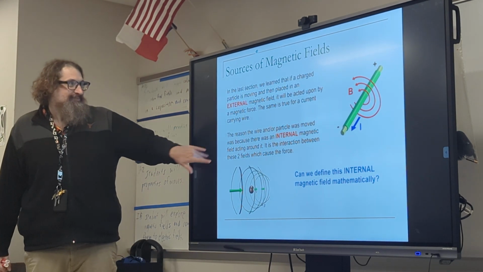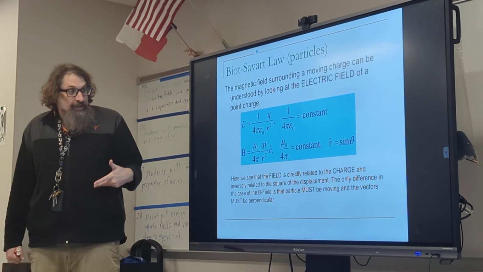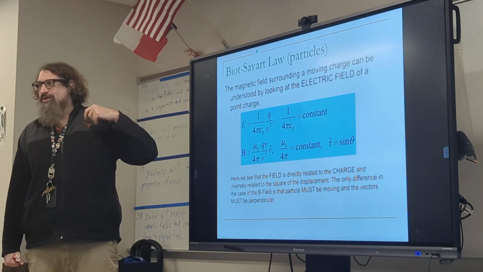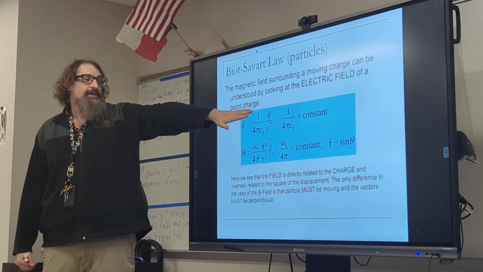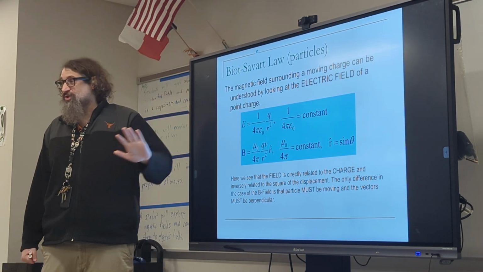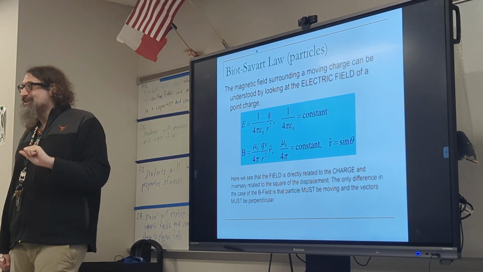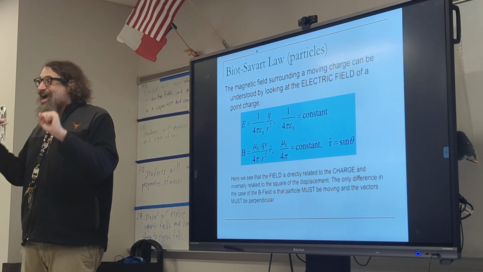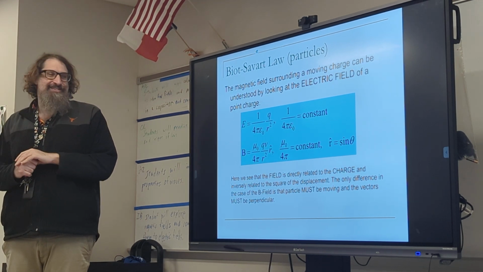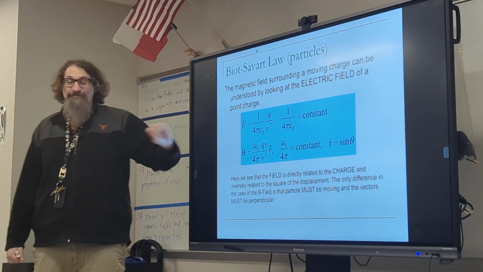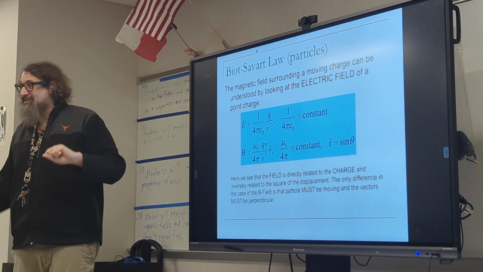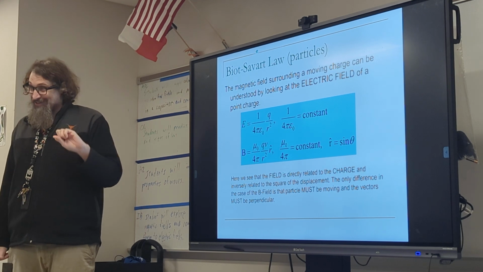All right? So, basically, if you guys remember, we could solve for the electric field of a particle using k times q over r squared, right? There is an inversion of that equation for magnetism, and it's called Biot-Savart's law. This is not the version they give you on the equation sheet, but this is the, quote, official version.